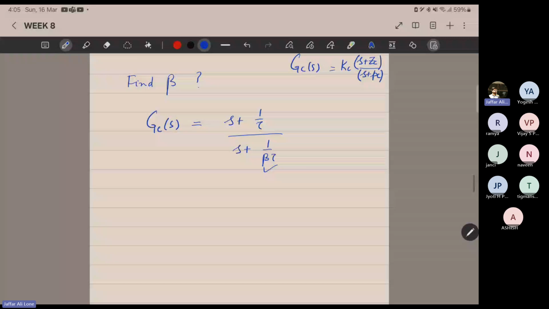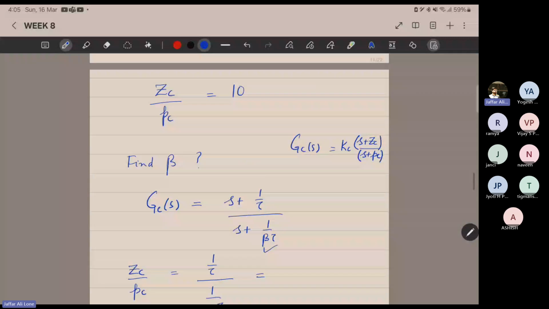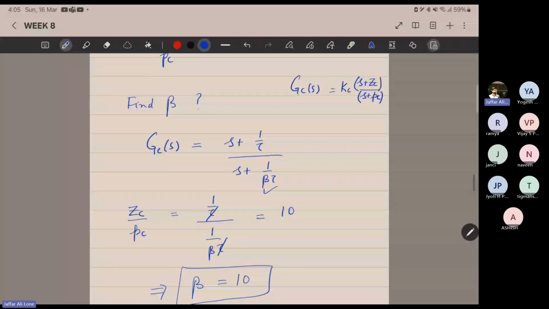What is ZC here? 1 over tau, divided by PC, which is 1 over beta tau, and that is equal to 10. So tau and tau will cancel, and it implies my beta is equal to 10. You can directly write beta here, but this way you can also find it: ZC over PC is given as 10, ZC is the zero and PC is the pole. Just put in the values and you'll get beta equal to 10.